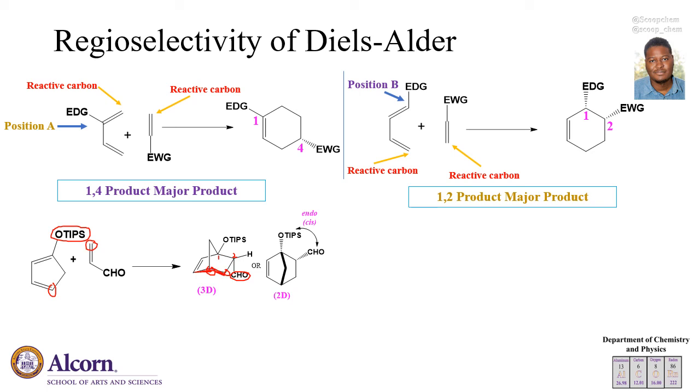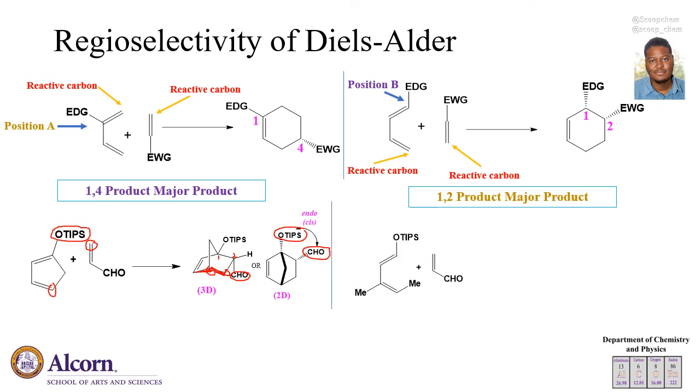This is indicating endo-selectivity. Very importantly, what we learned from this reaction is that any substituent at position B would have a cis relationship to an endo electron withdrawing group. It's very important to keep that in mind. It's very easy now to start to draw the proper selectivity from these types of reactions.